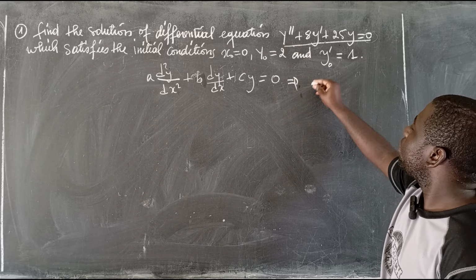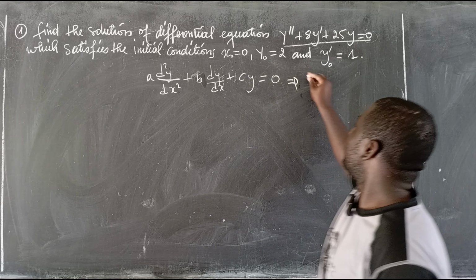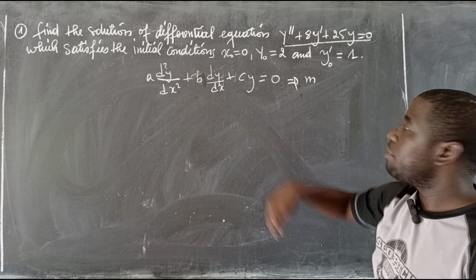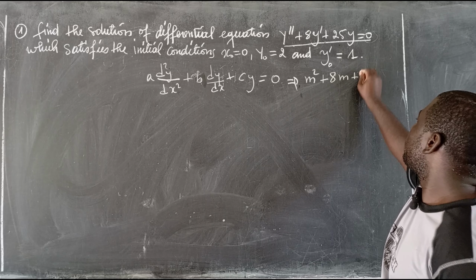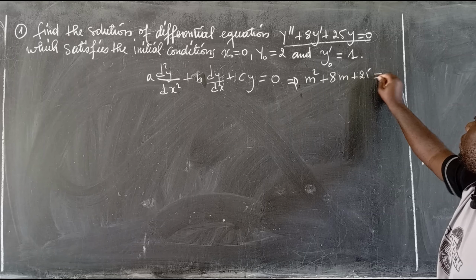I'm going to write M squared for the second derivative, plus 8M for the first derivative, plus 25, which is equal to 0.